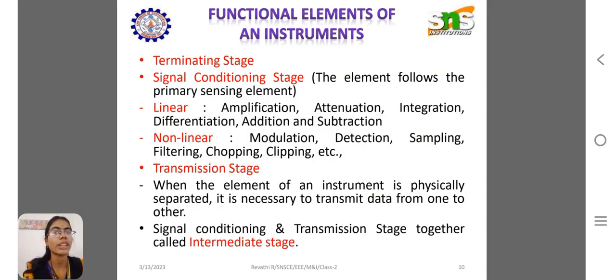Functional elements of an instrument: terminating stages, signal conditioning stages (linear and non-linear), and transmission stages. In the intermediate stage, the signal conditioning element follows the primary sensing element. Linear operations are amplification, attenuation, integration, differentiation, addition, and subtraction.